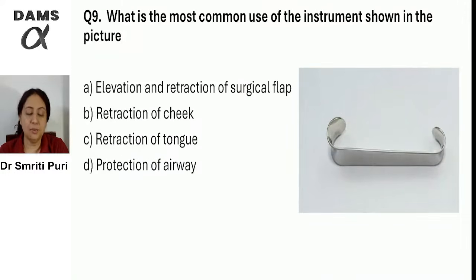Coming to question 9. What is the most common use of the instrument shown in the picture? A. Elevation and retraction of cervical flap. B. Retraction of cheek. C. Retraction of tongue. And D. Protection of airway. So, students, this instrument shown here, please note down and also take a screenshot.